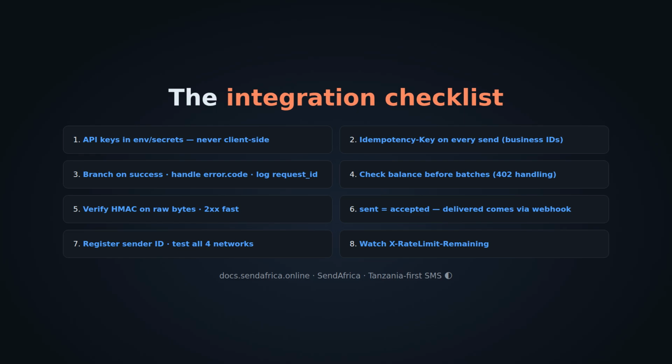Verify webhook signatures on raw bytes. 6. Treat sent as accepted, not delivered. 7. Register your sender ID and test on Vodacom, Tigo, Airtel, and Halotel. 8. Watch your rate limit headers. That's the SendAfrica API, docs at docs.sendafrica.online.